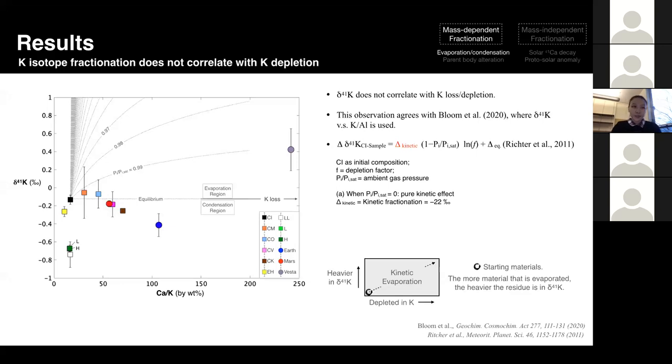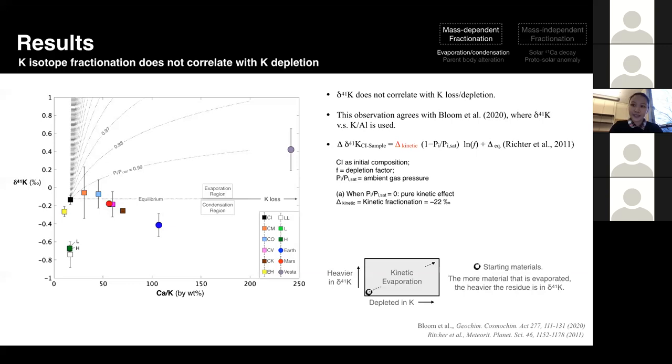This process is considered to be one direction, and the isotopic fractionation for potassium is huge. But that fractionation magnitude can be suppressed by the surrounding gas pressure. That's why you see the kinetic effect times 1 minus Pi over P saturation, which means that value can change depending on the surrounding gas.